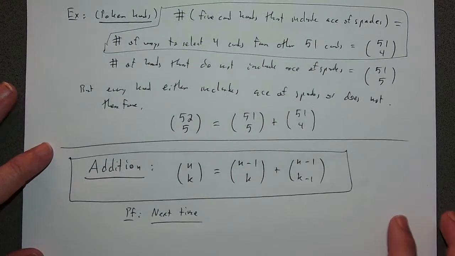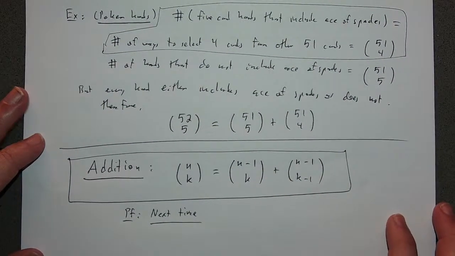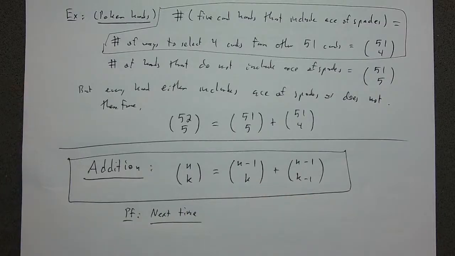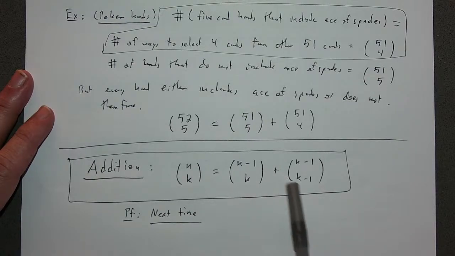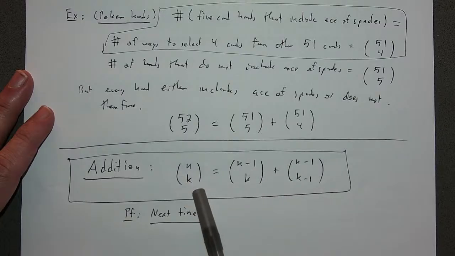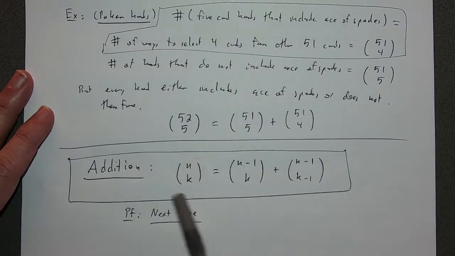We had this addition formula, which you could think of as summing in the lower index here, right? This is k plus k minus 1 gives you this. The result being that n choose k is obtained from this sum.